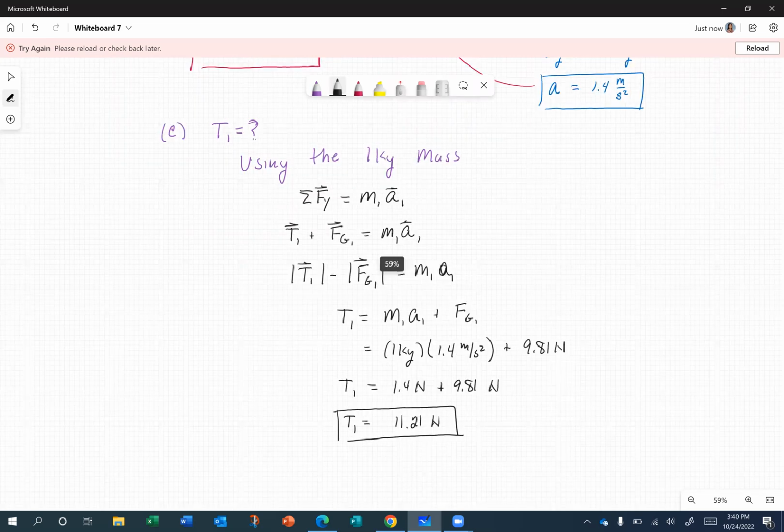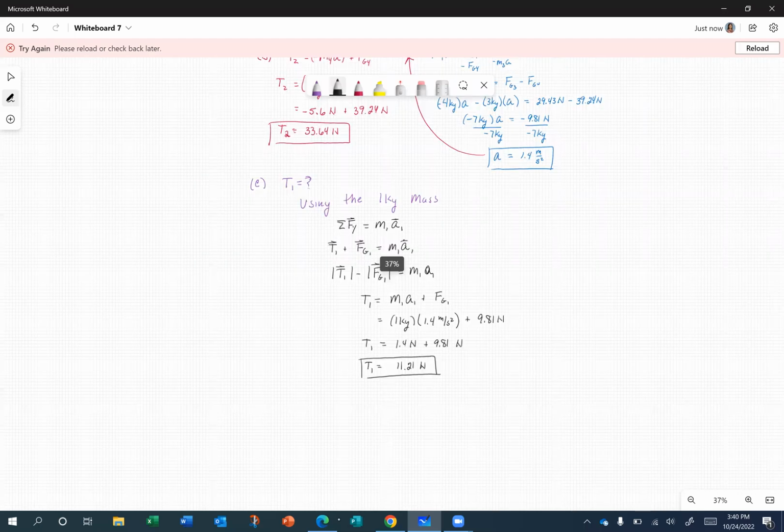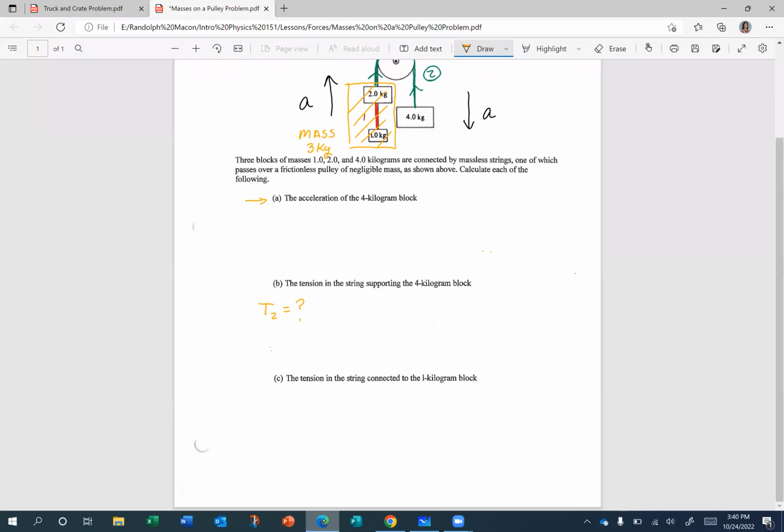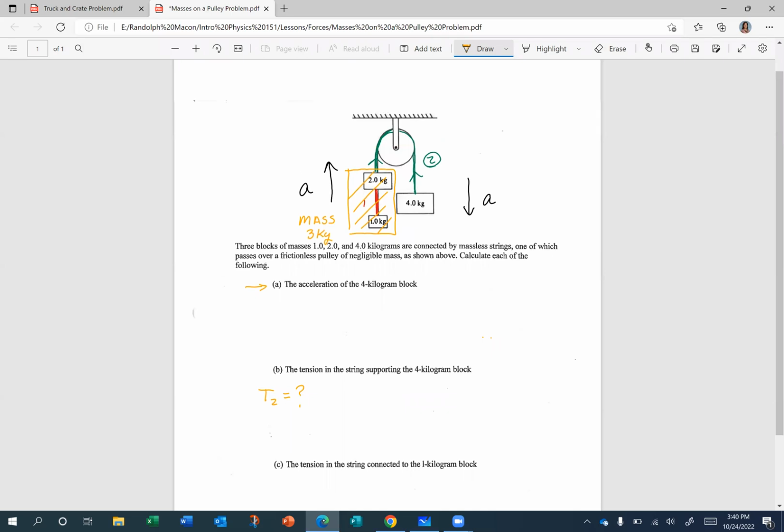Let's go back and make sense of this. Go back to this picture. I'm pulling up on T1 with 11.2 newtons, and it's pulling back down due to gravity. Since the upward force is more than the 9.81 weight, it begins to lift it. We should see the same thing here. This one begins to lift number 2, but at the same time, number 1 is pulling it back.